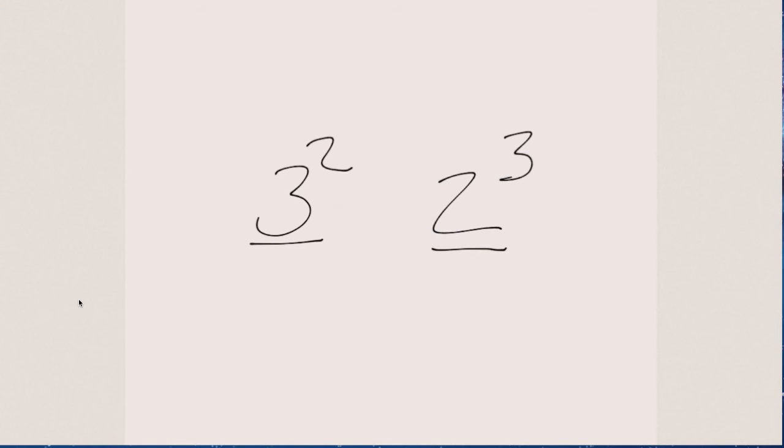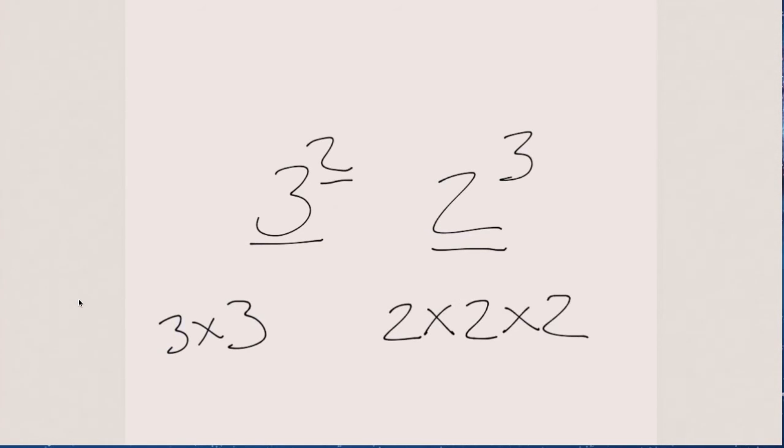However, that might not be the case. Let's write them out. 3 to the 2nd is 3 times 3. And 2 to the 3rd power is going to look like this. 2 times 2 times 2.